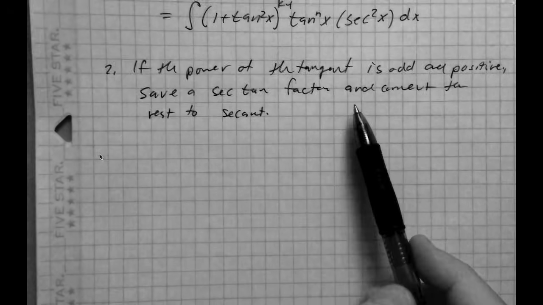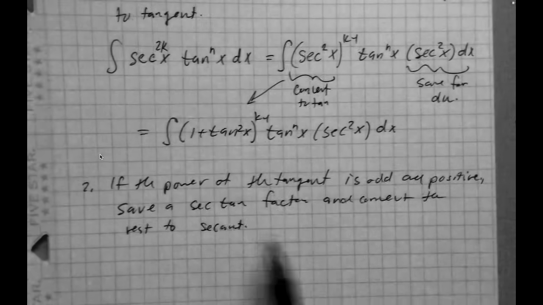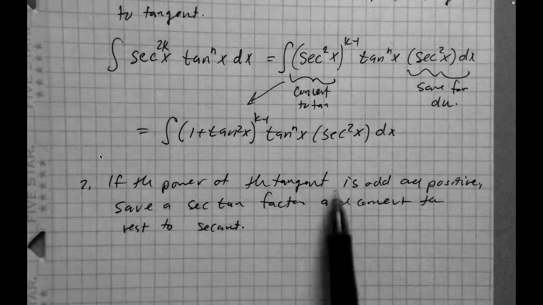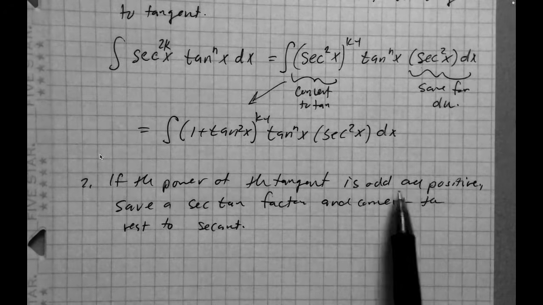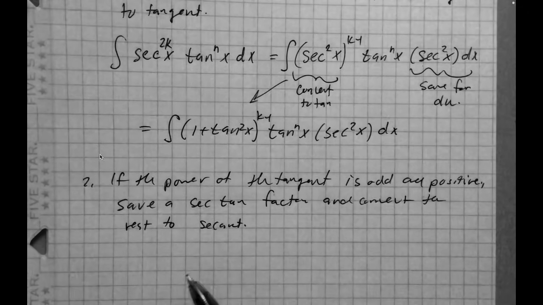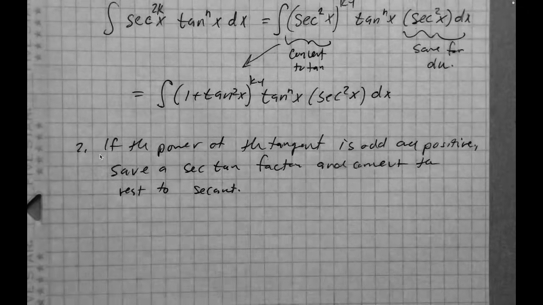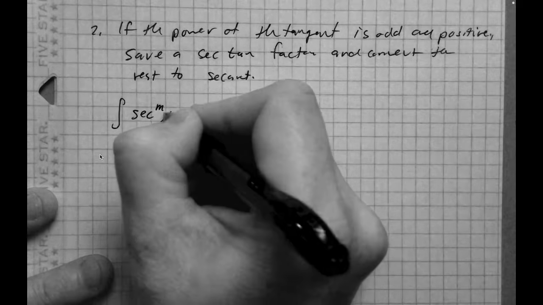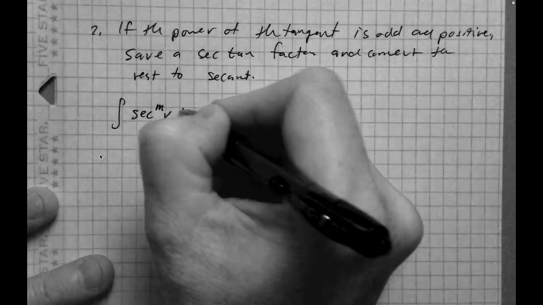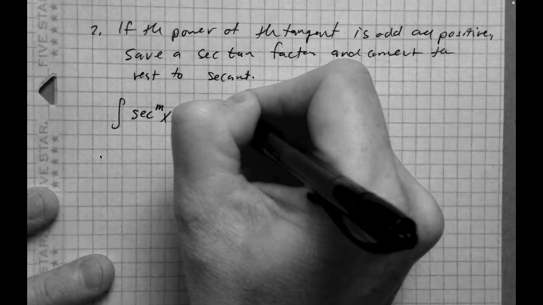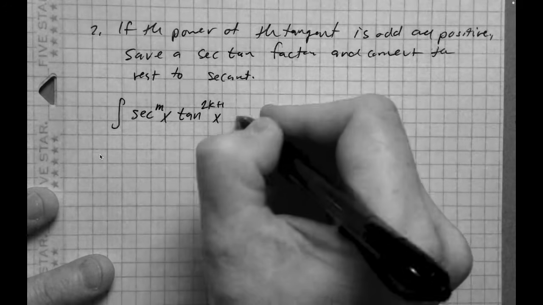Down here, it's different though. What we're interested in subbing in is u equals secant, and the derivative of secant is secant tangent. So the structure we're looking for is secant to the m power of x times tangent to the 2k plus 1 power of x dx.